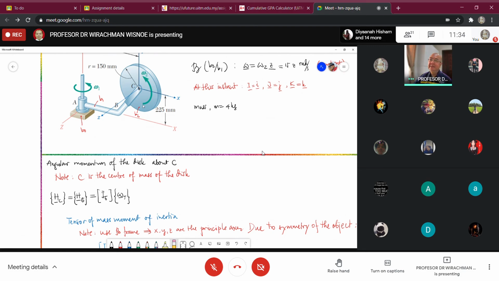Otherwise, it's not there if it's not uniform, but in our case, it's uniform. So C is the center of mass. So C is G. C is G. So you try to find in the lecture slides how to calculate angular momentum about center of mass. It is this one.